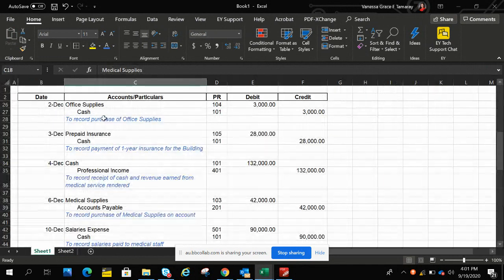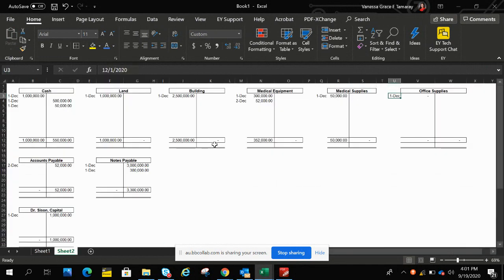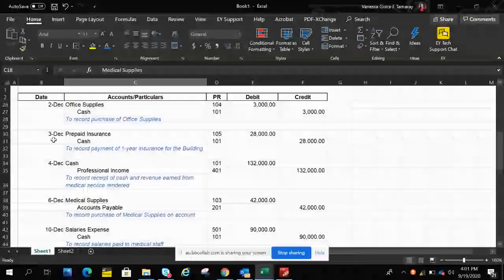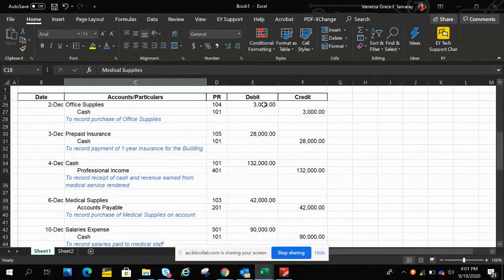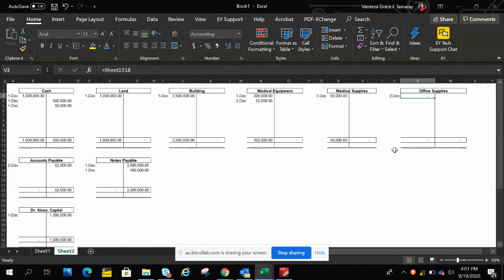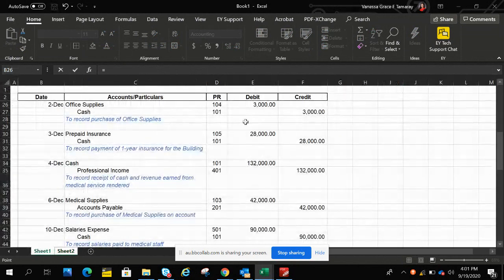That is December 2. Okay, office supplies, December 2, 3,000 pesos. And then we paid using cash.